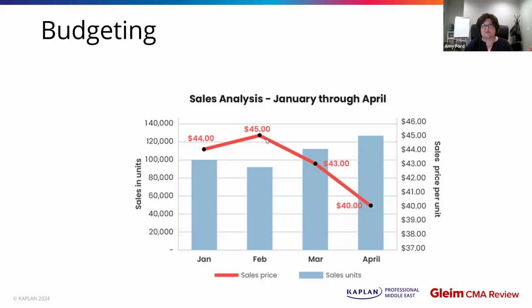The sales price is $45 per unit, and it was the same price all months of our analysis. What's important here is that we're not adding to the visualization just to make it more elaborate. We're adding relevant information. So if the sales price is different each month, this becomes relevant to our analysis.